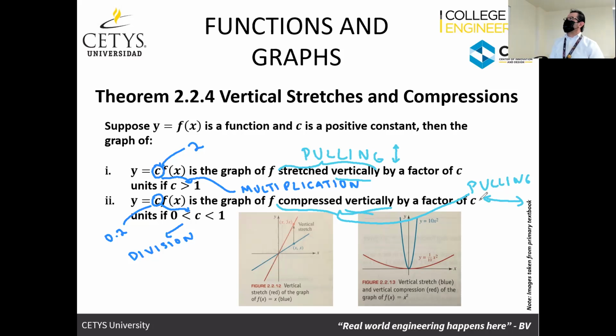So let's talk a little bit about how that would look. I'm going to jump over here to the whiteboard. So let's give an example as to compressions here. I'm going to take whatever base function, I'm going to say y equals x to the 3.